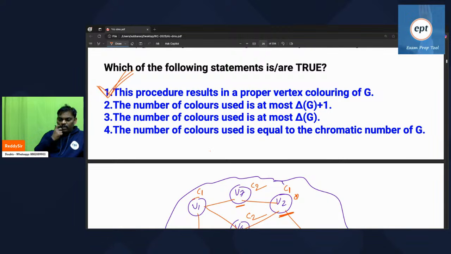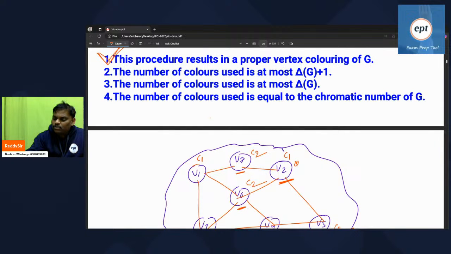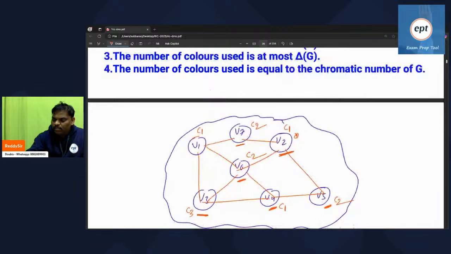Okay, fine. Next one. If you observe clearly, the number of colors used is at most delta G plus 1. Of course, you will always see what the neighbors are having.